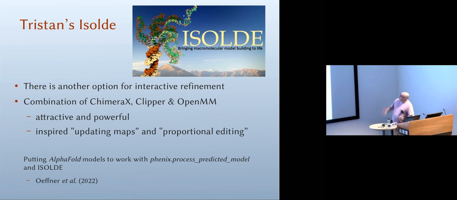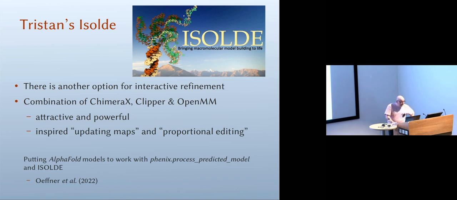Coot isn't the only game in town when it comes to interactive refinement of cryo-EM reconstructions. There is another option that's ISOLDE, and it's based on ChimeraX, or built into ChimeraX. It's a plugin, I think that's the term, maybe not. You can get it from the toolshed. It involves Clipper, OpenMM.